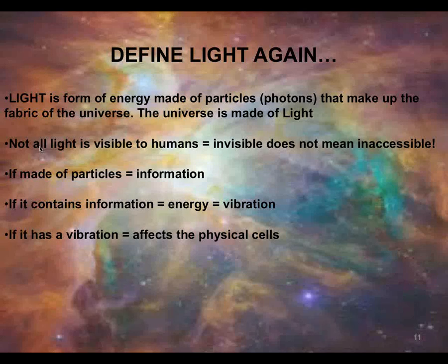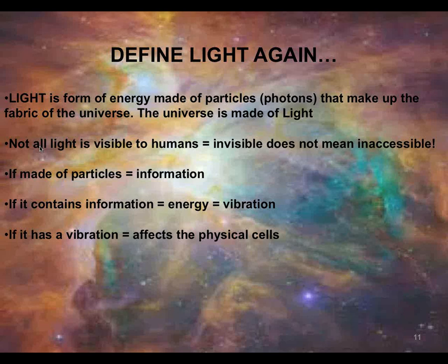And that's a very important point. Because if you are trained to only understand or utilize what you can see, well, that's very, very small, and that's very limiting to your consciousness. I say, I don't have to see the light to understand that it's there and to utilize it.